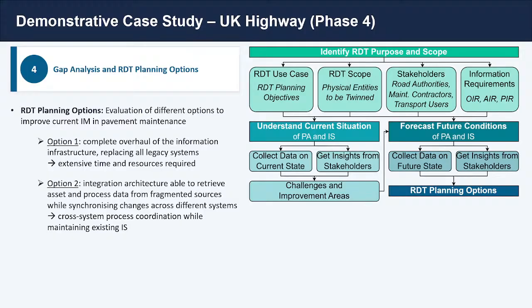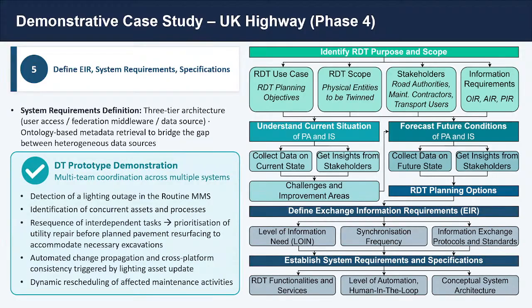While this, of course, could be desirable in the long term, it requires extensive time and resources. Therefore, this option was discarded, and the second option was chosen, which proposed to maintain the existing information systems and use an integration architecture that was able to retrieve data from these fragmented sources.